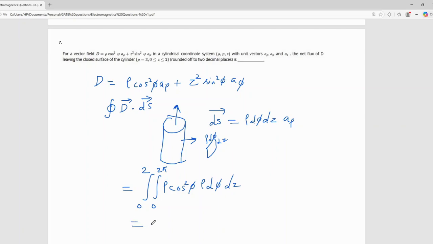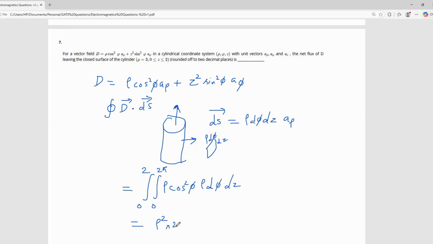There is no integration with respect to rho, so I can take rho squared outside, and there is no function of z inside the integral, so I can integrate dz from 0 to 2.